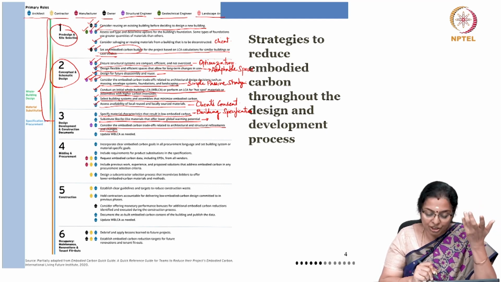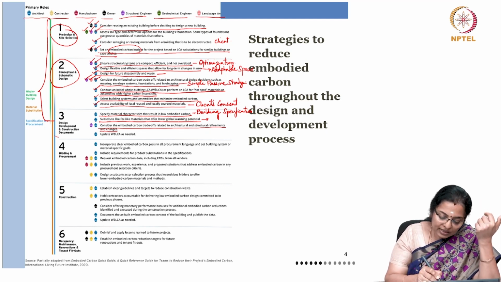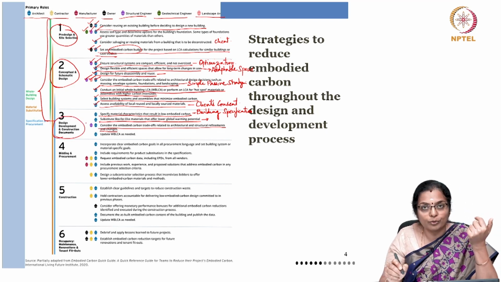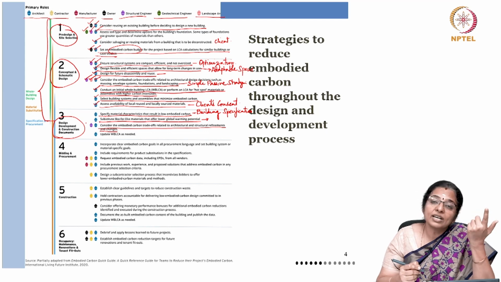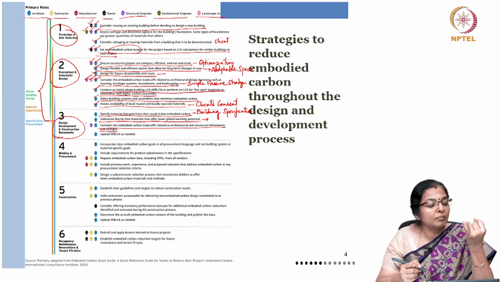All this comes in the design development and construction documents, where you clearly say, by virtue of substituting material A with material B, and we had already seen the example of a high carbon building, a low carbon building and a net zero carbon building, a cement based building, a timber based building and a bamboo based building respectively. Document each of these so that you have quantitative information.